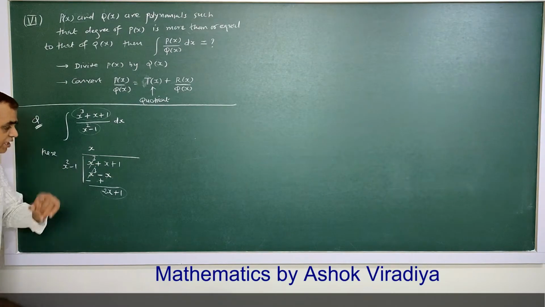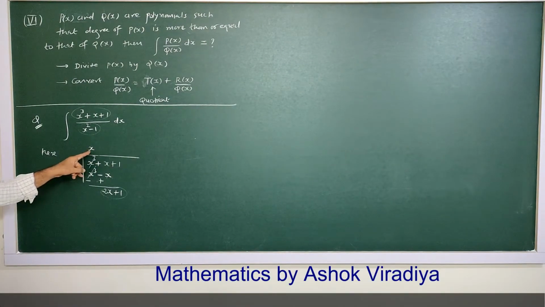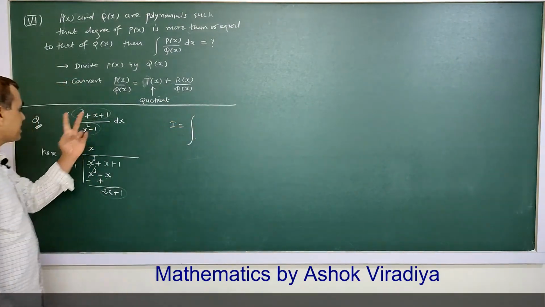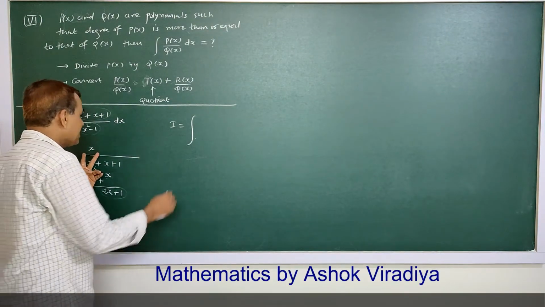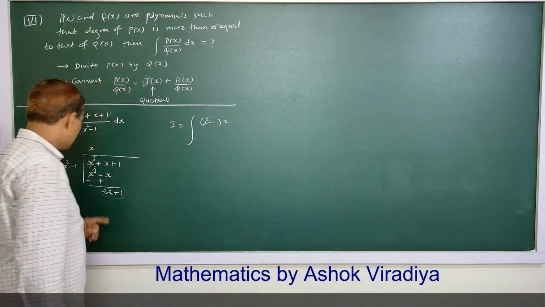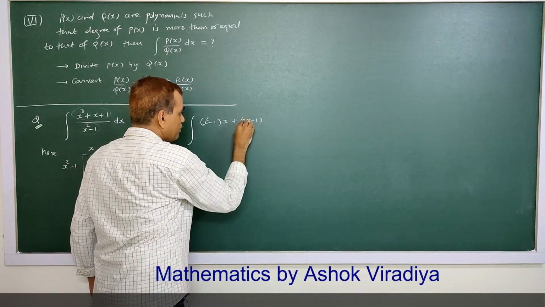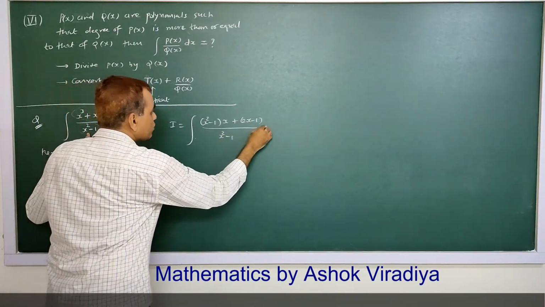So this can be expressed as x into x square minus 1 plus 2x plus 1. So here integral is x cube plus x plus 1, which can be expressed as x square minus 1 into x plus remainder 2x plus 1, divided by x square minus 1.